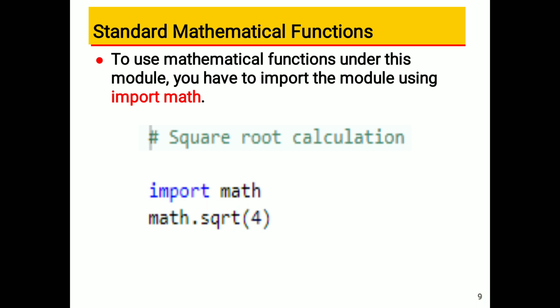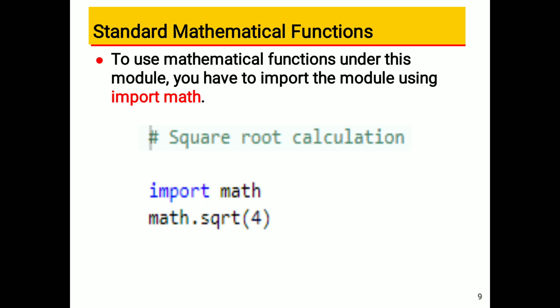Before, I told you that to use mathematical functions under this module, you have to import the module using import math. In Java also, like that, we import header files. In C programming we call them header files. In Java, library functions are imported. Like that, Python also imports library functions, which we call modules.